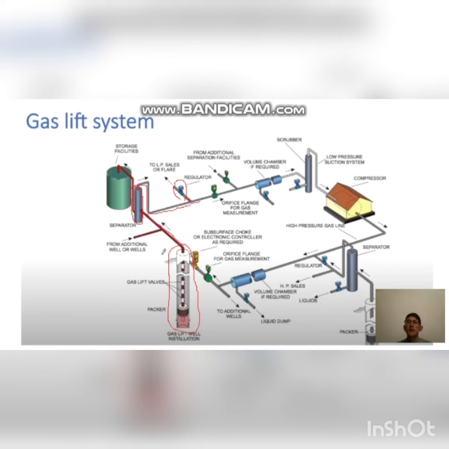Then other gas goes here to the volume chamber, if required. But it's not important sometimes because it gives some pressure to our gas, and from here our gas goes to the scrubber. Scrubber helps us to get dry gas, and our dry gas goes to the compressor.